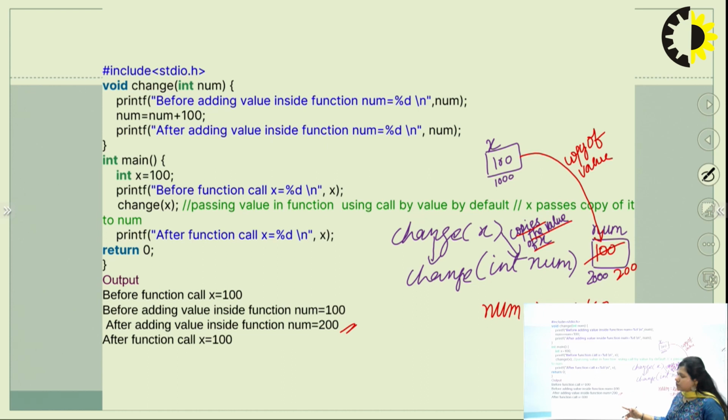So you can analyze from this output as before function call x is equal to 100, before adding value inside function num is equal to 100. After adding value inside function, of course, we have changed it as 200 and now we are having the original value maintained as it is. No one is able to access or affect the original value. It is as it is and we have also successfully printed it.